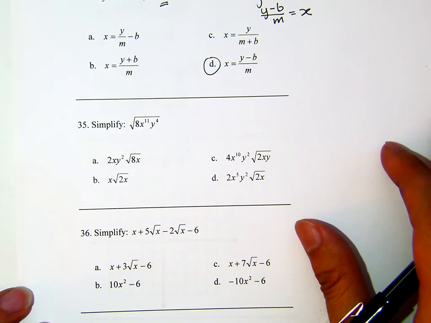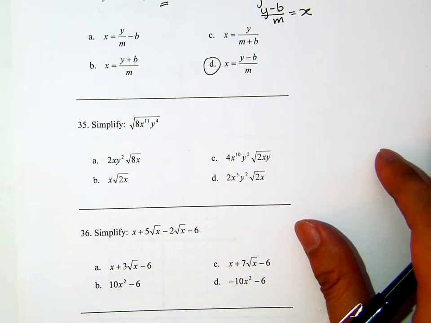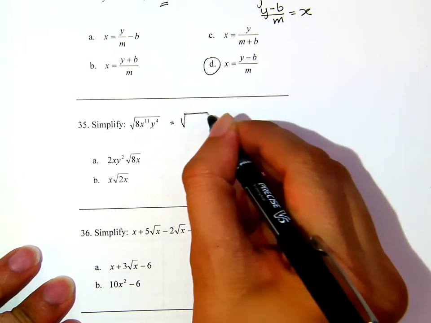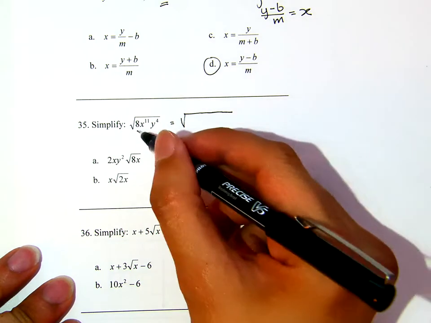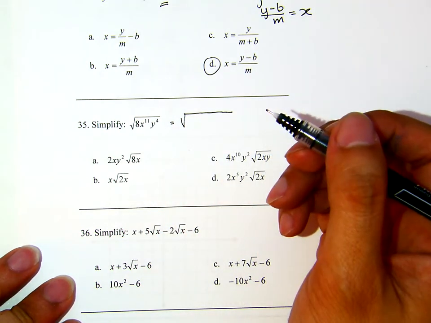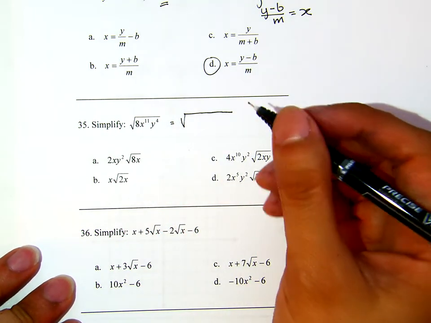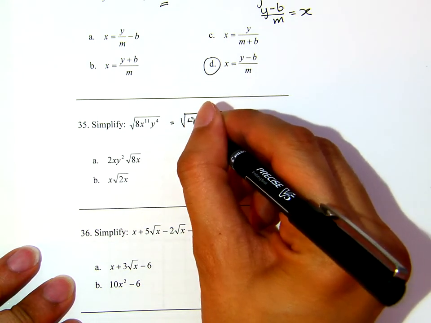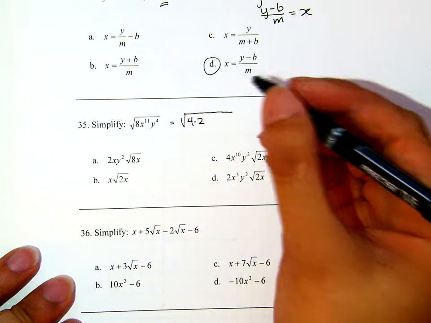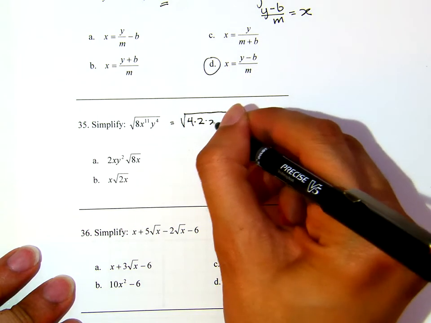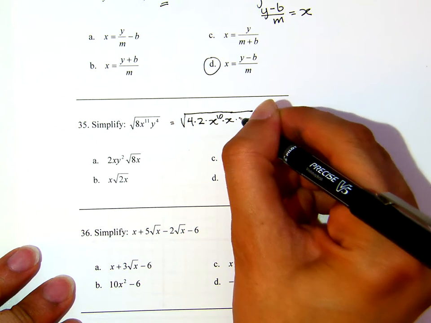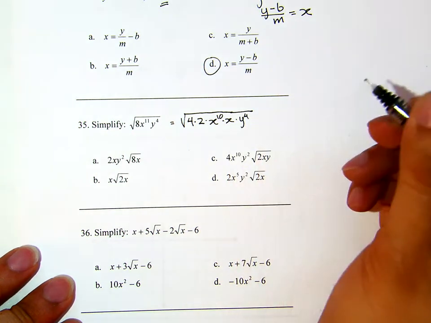Number 35. Simplify the square root of 8x to the 11th, y to the 4th. What I will do is break each one of them up into a product of perfect squares, like 4 times 2 for that 8, and then x to the 11th will be x to the 10th times x, and y to the 4th is already a perfect square.